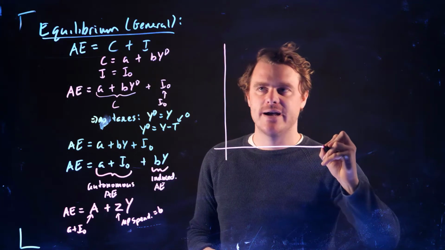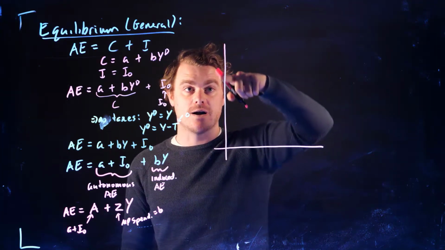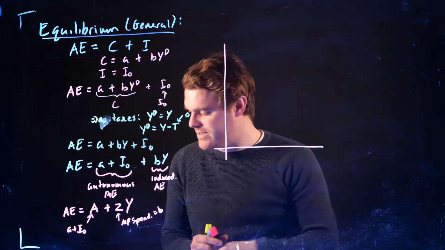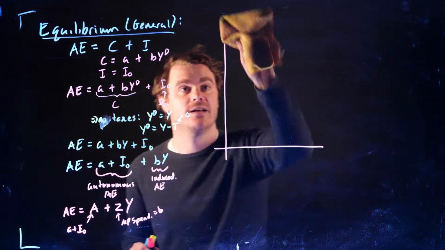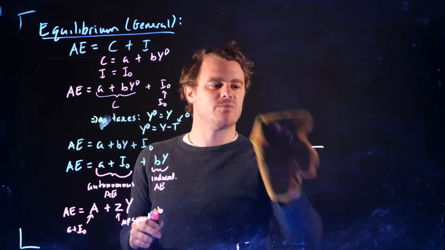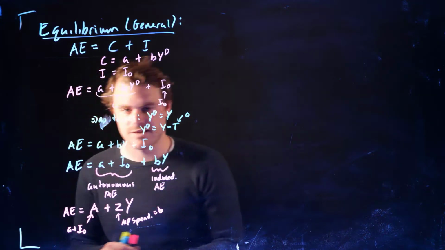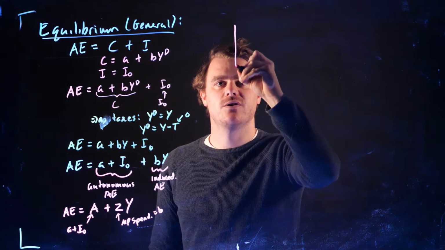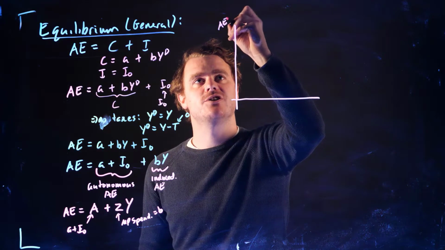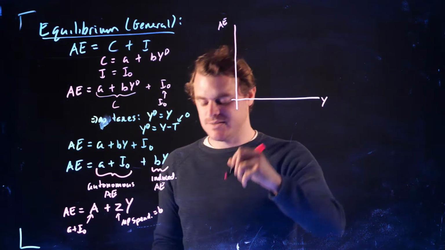So if we drew out our model here, maybe I should have given myself a little bit more space. Maybe I'll erase this and make it a little bit smaller, because then we can talk about equilibrium all in this one slide, so to speak. So if you want to think graphically about what's going on here, again, we have aggregate expenditure on the y-axis and Y on the x-axis.